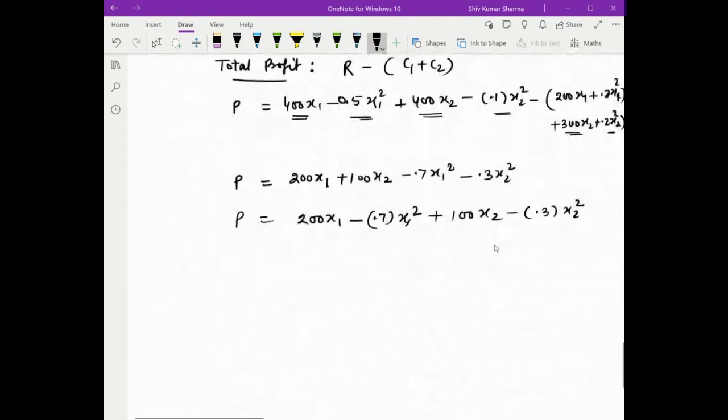So these are two constraints as per production. That means we restricted that radio sets are 100, so x1 is less than equal to 100 we can produce, and x2 TV sets we can produce as 80.